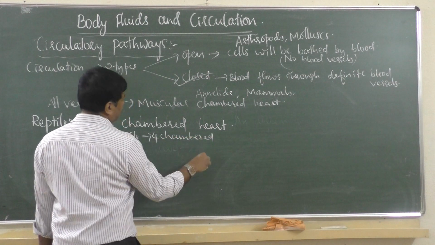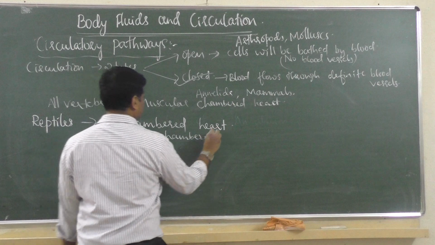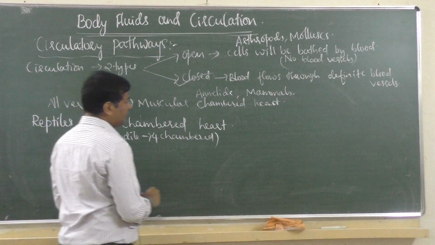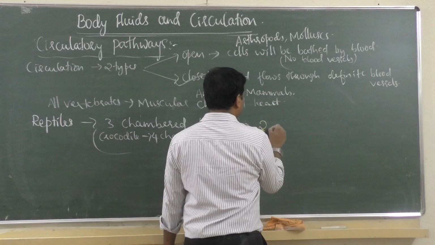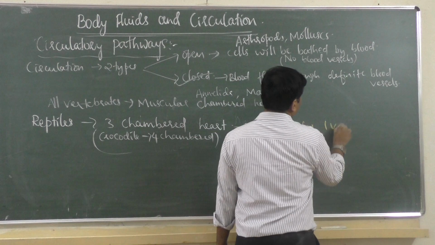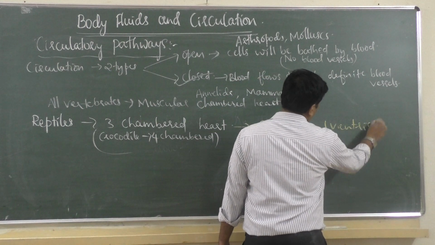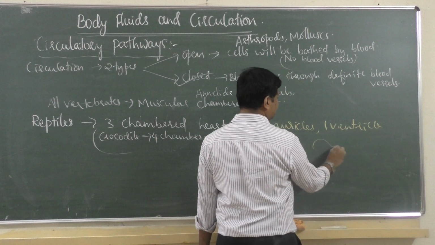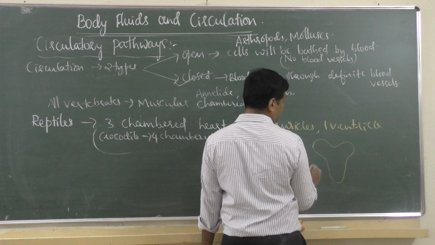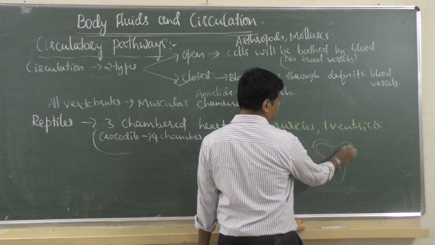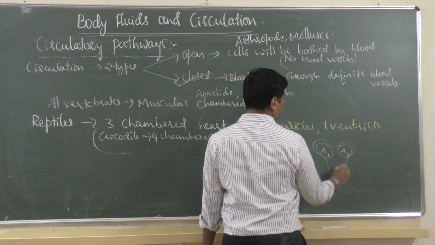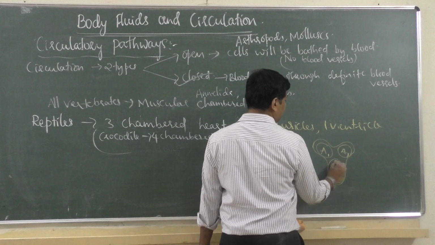That is an exception. So reptiles have a 3-chambered heart with 2 auricles and 1 ventricle, like this. Auricle 1, auricle 2, and only 1 ventricle.